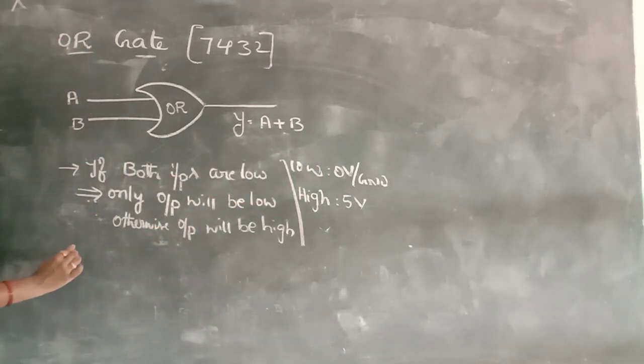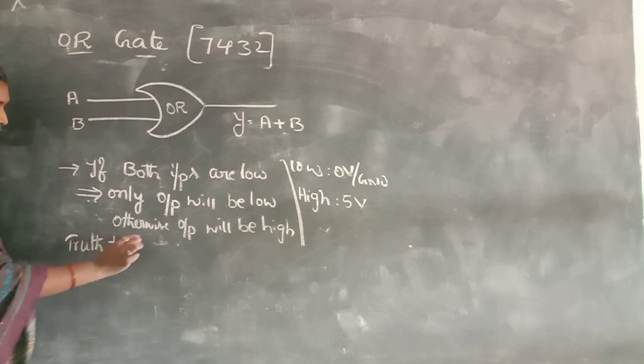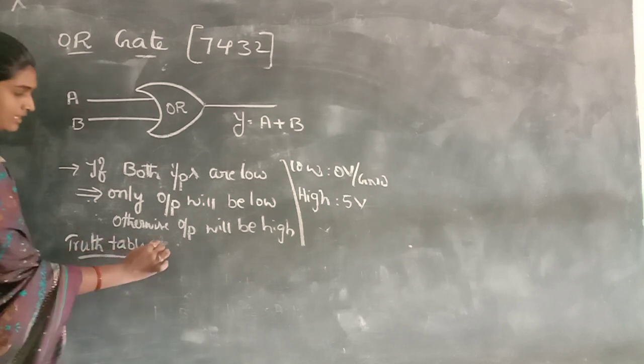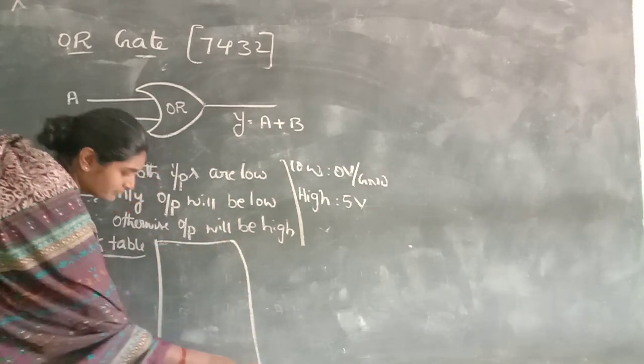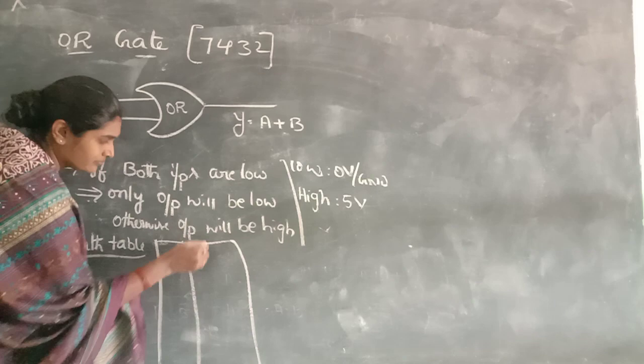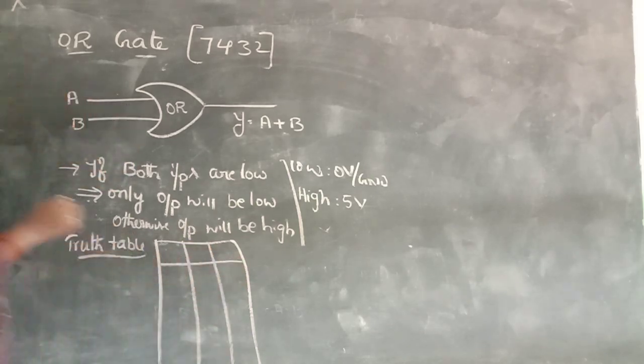Next, coming to the truth table of the OR gate. How many inputs are there for the OR gate?